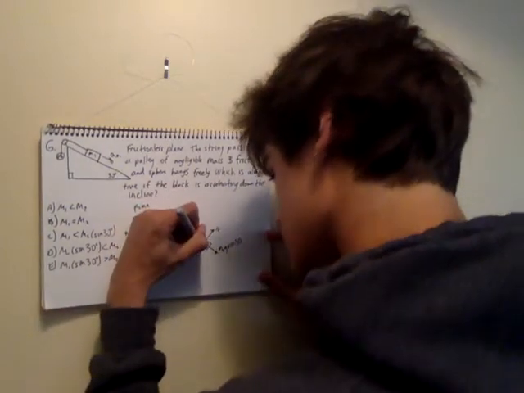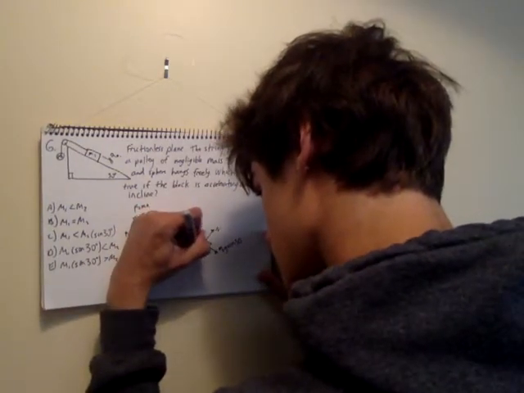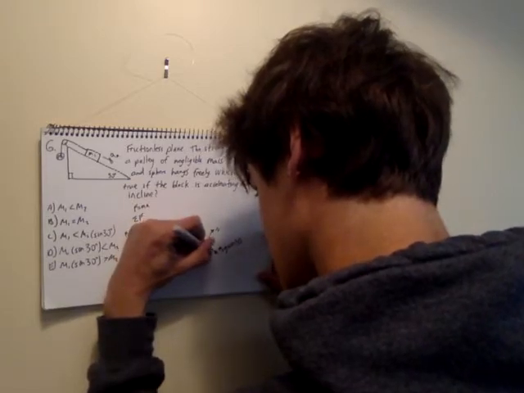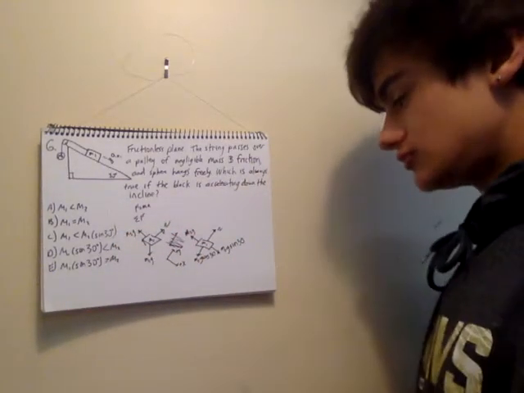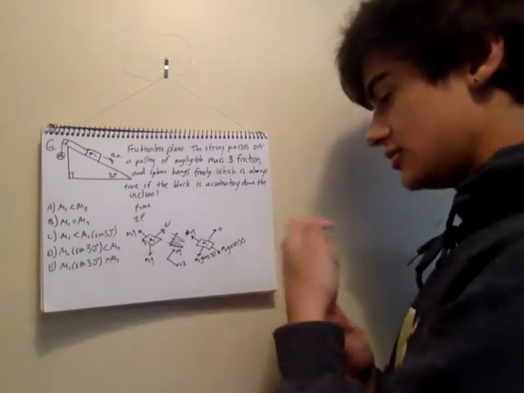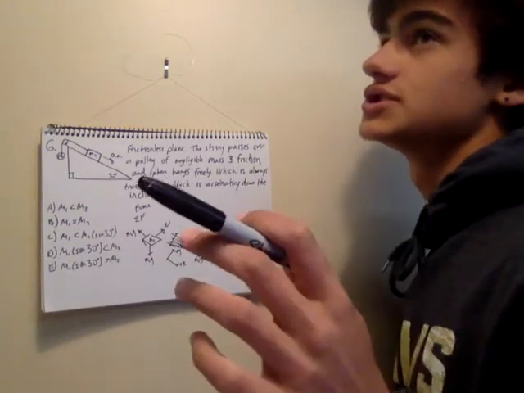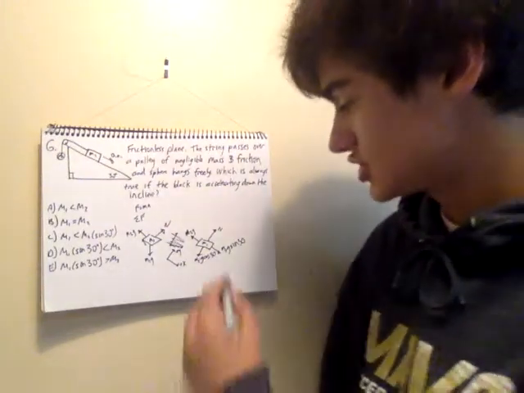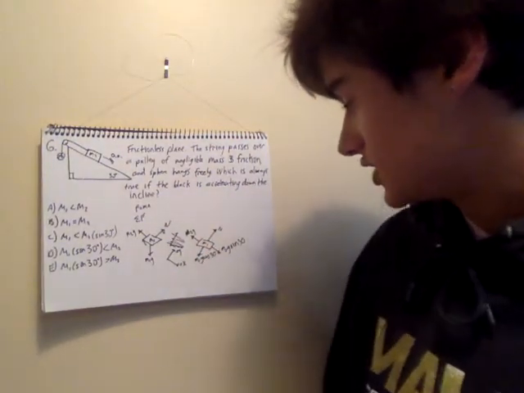That means that this is going to be M1g cosine 30. So we know this is sine because sine is opposite over hypotenuse, cosine is adjacent over hypotenuse, so that matches up with what we've got going on in the diagram.